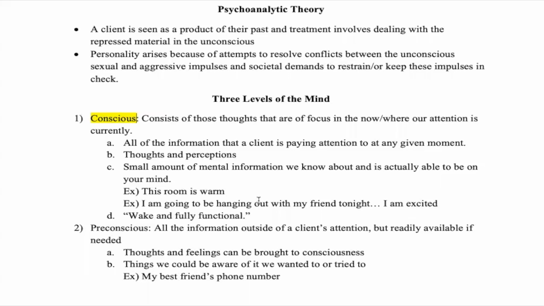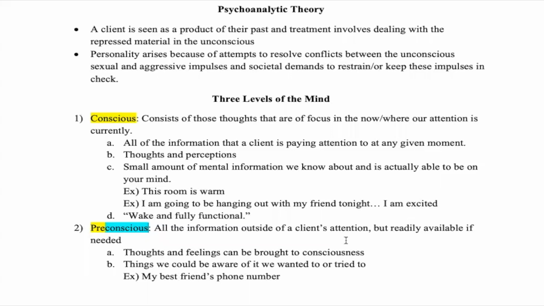The next level of the mind is going to be preconscious. If you think about it, pre is prior. So this is before somebody is able to be conscious of what is going on within their situation. Stated in a different way, it's all the information outside of a client's attention, but it's readily available if needed. It's not something that's always on somebody's mind, but it's not difficult to identify if they need it.